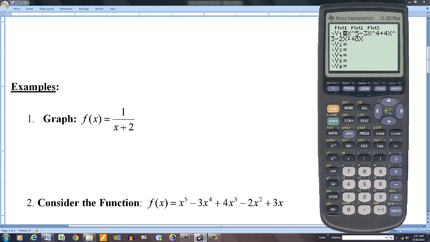So let's just verify this: x to the 5th minus 3x to the 4th plus 4x to the 3rd minus 2x squared plus 3x.